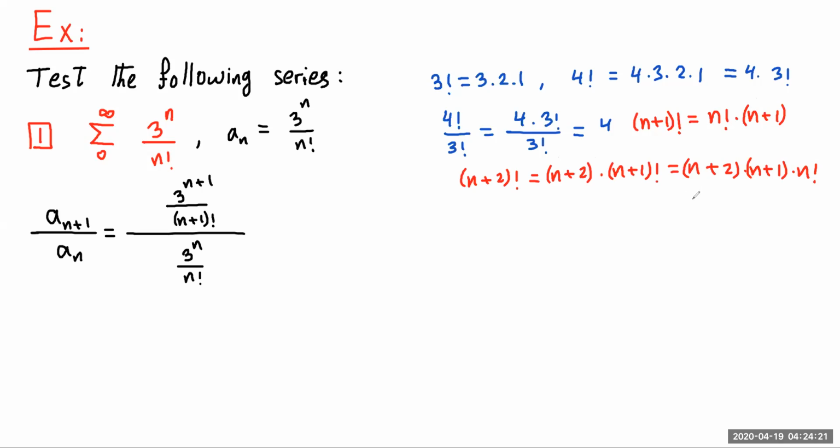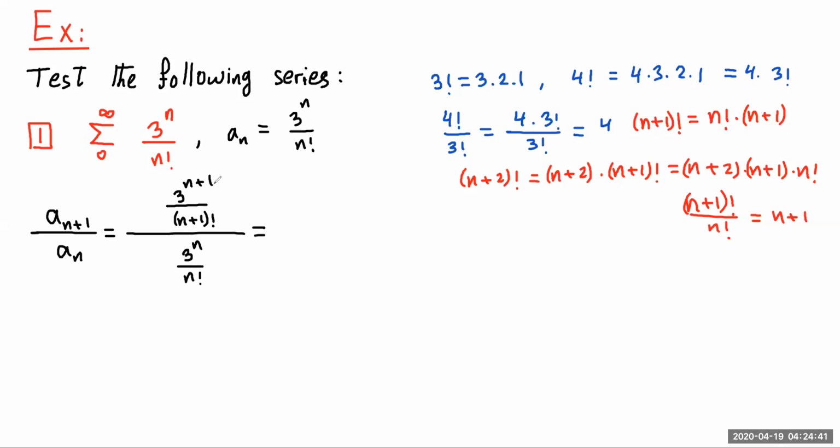And finally, n plus 1 factorial over n factorial, the answer is n plus 1. We need these formulas and rules in the following exercise.